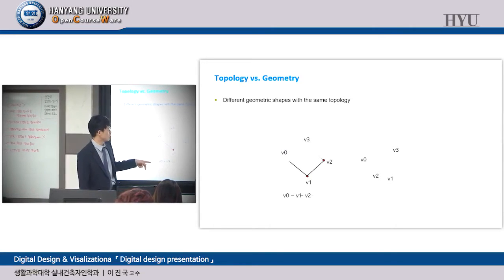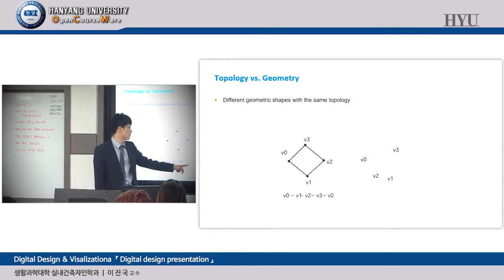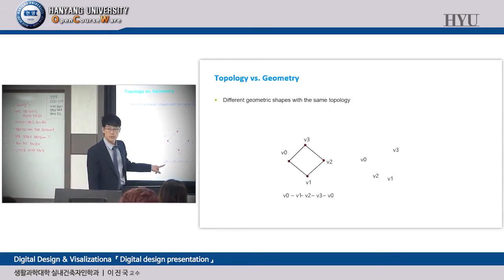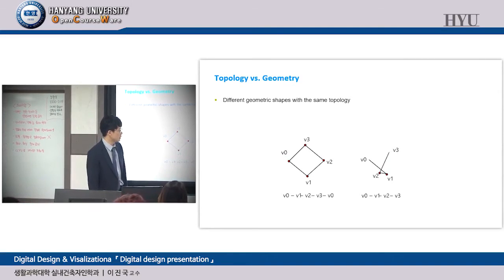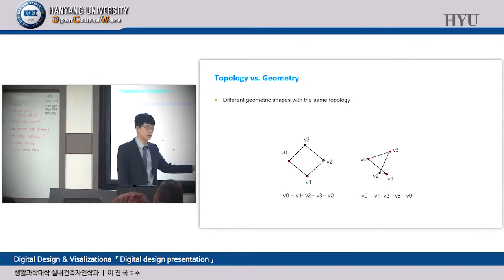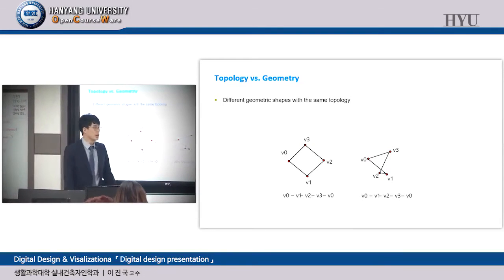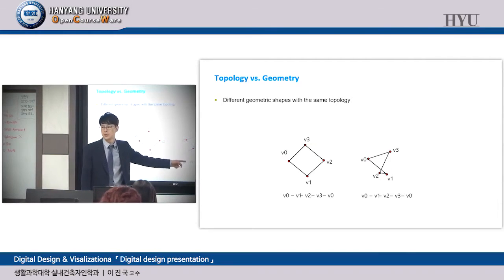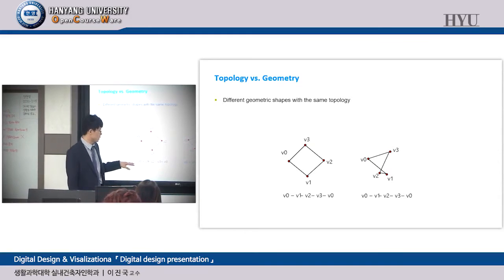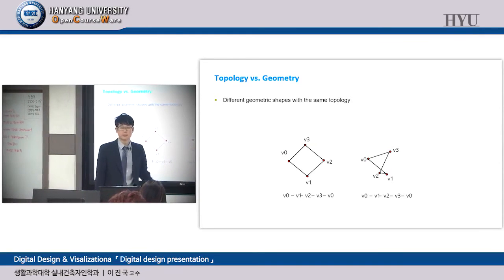I told you topology defines the relationship. Starting point vertex 0, end point vertex 0. How about the second one? Starting point, end point, same, okay? Vertex 0. But they are looking totally different, which means different geometric shapes, okay? They are geometrically different, but topologically the same.